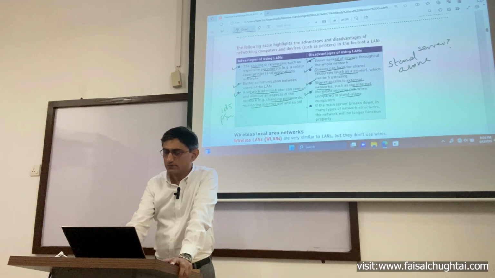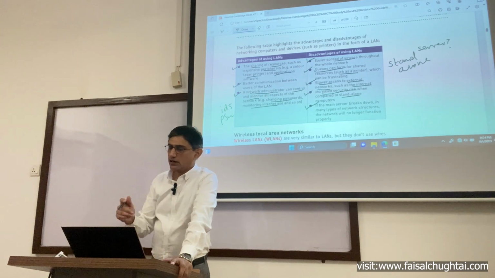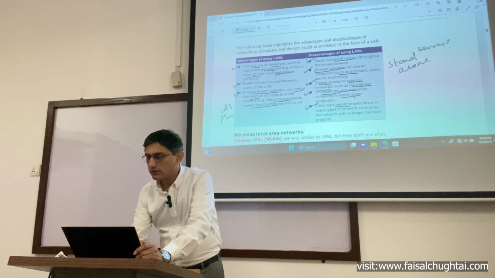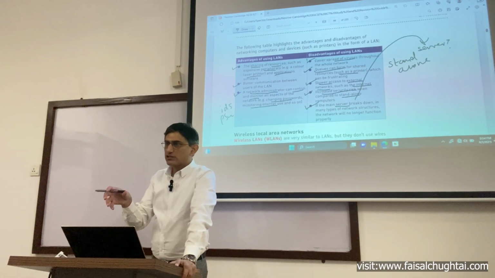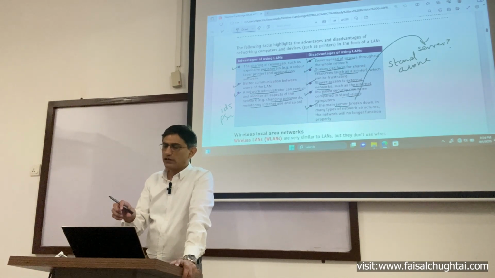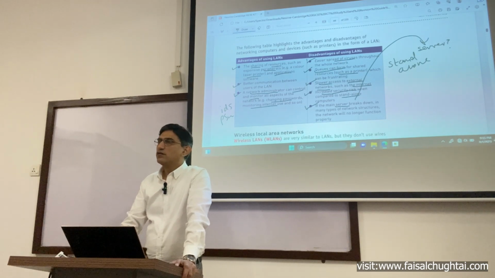Last point in disadvantages is, if the main server breaks down, you see the term server again here, which I was referring to just a while ago. So if the main server or the main computer breaks down, in many types of network structures, the network will no longer function properly.